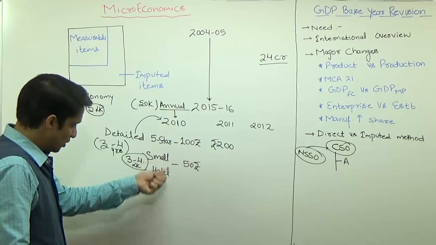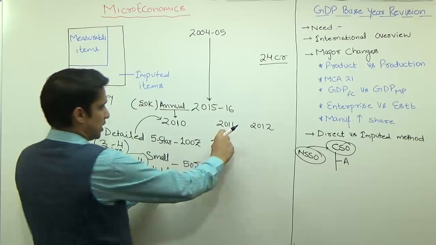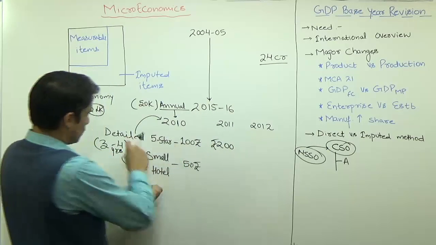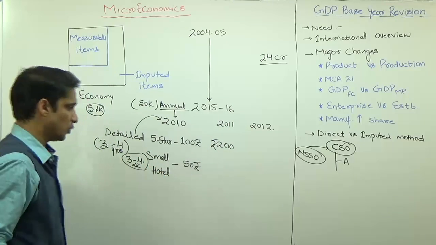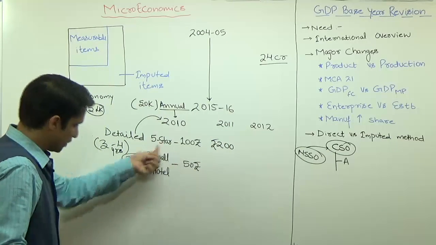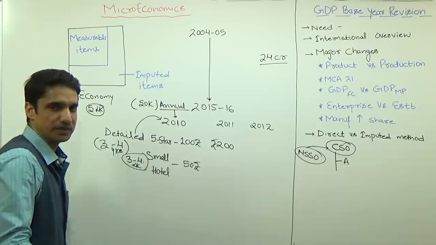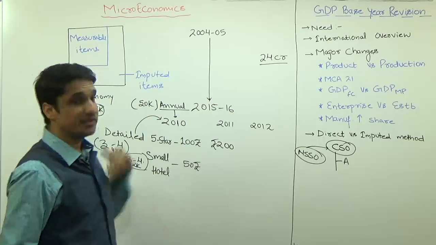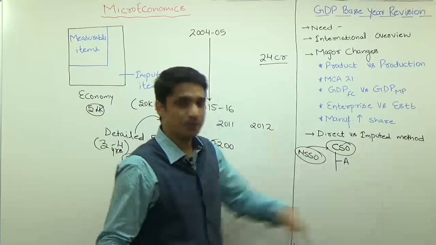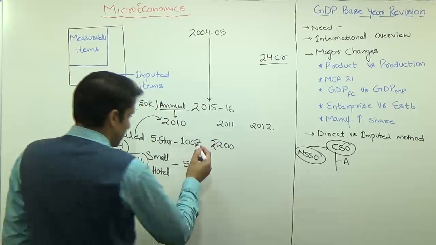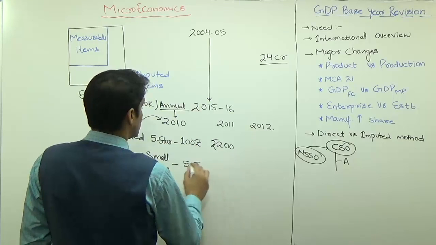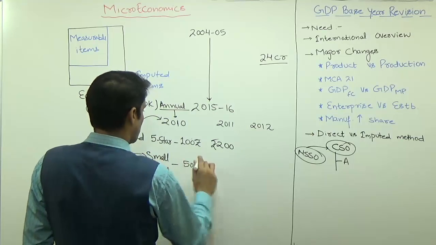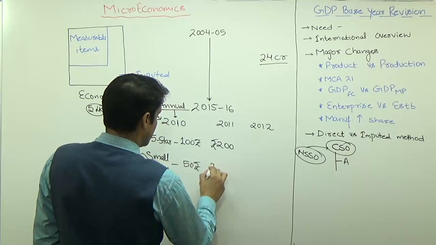Now the sale of small hotels we don't know, because in 2011 there was only an annual survey; no detailed survey took place. So we don't know exactly what the sale of small hotels was in 2011. Here you have to impute the value: if the sale of the 5-star hotel becomes double, the sale of small hotels should also be double.